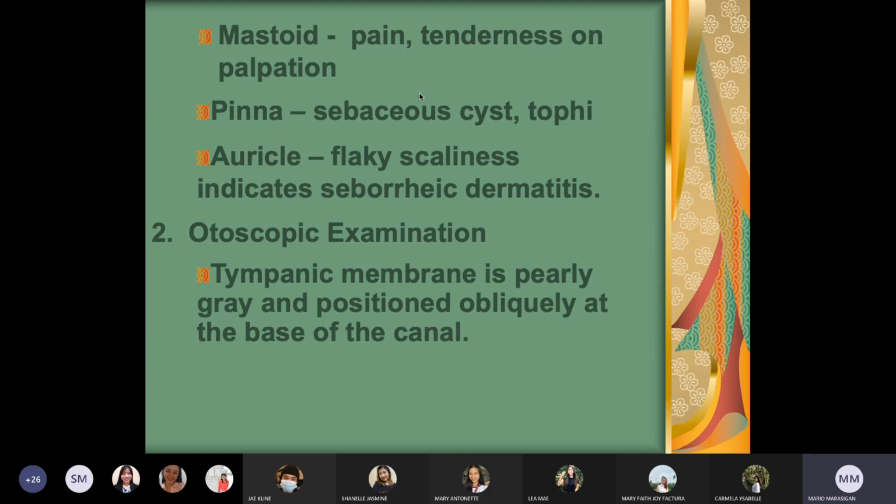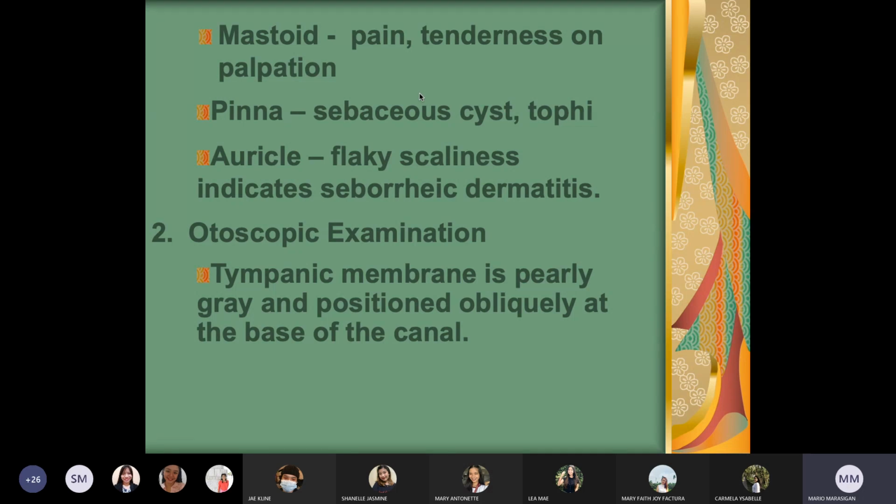Usually, it is just kept in the doctor's coat. No? So, what they are going to look at using that otoscope. So they will look into the ear canal. Of course, it should be positioned obliquely at the base of the canal to visualize clearly the eardrum or the tympanic membrane.